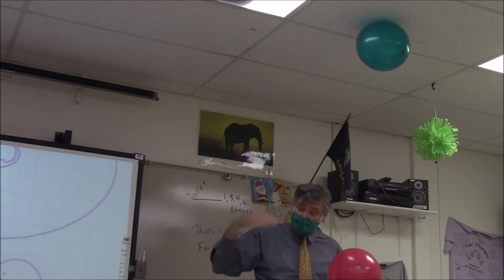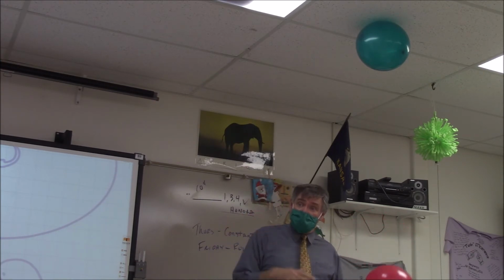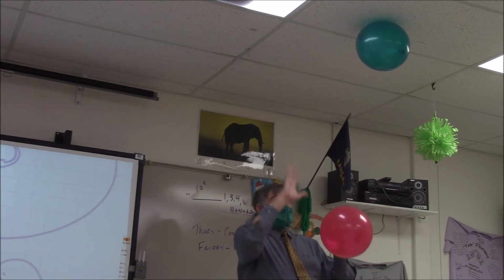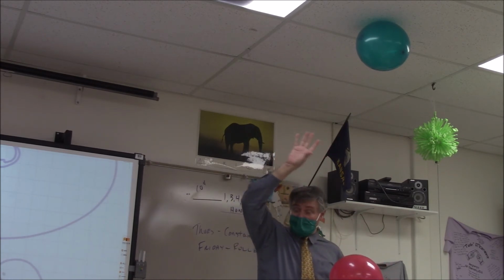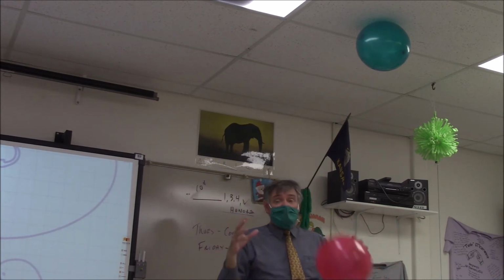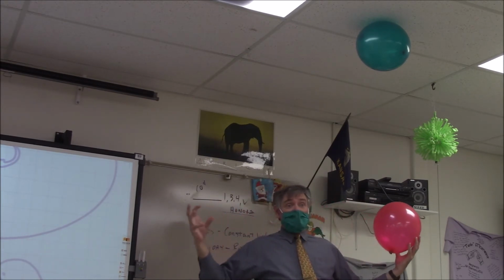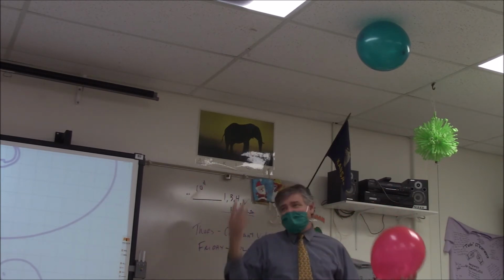On a relative amount of force, it's really, really strong compared to gravity. If gravitational force was the same strength as the electrostatic force, the universe would have never formed. You would have had the Big Bang, and then you would have had the Big Crunch.